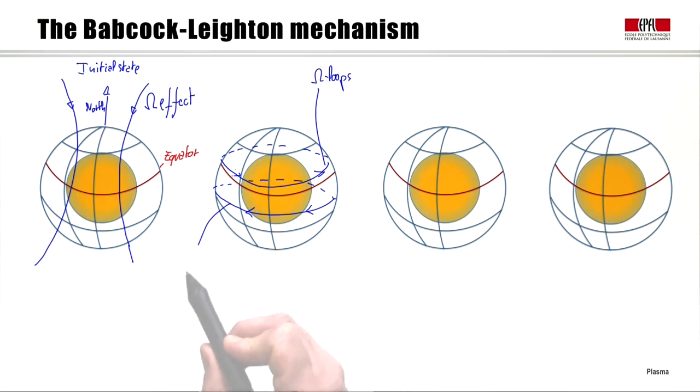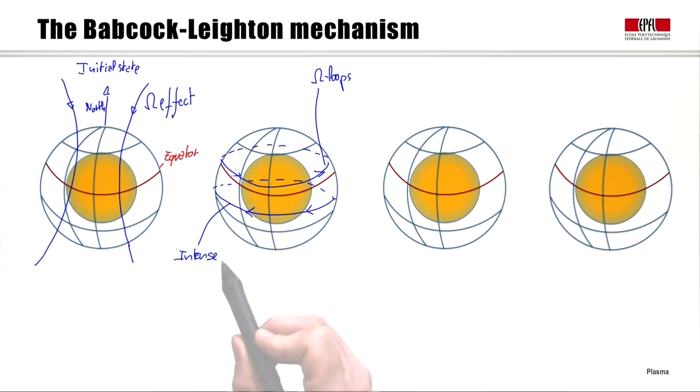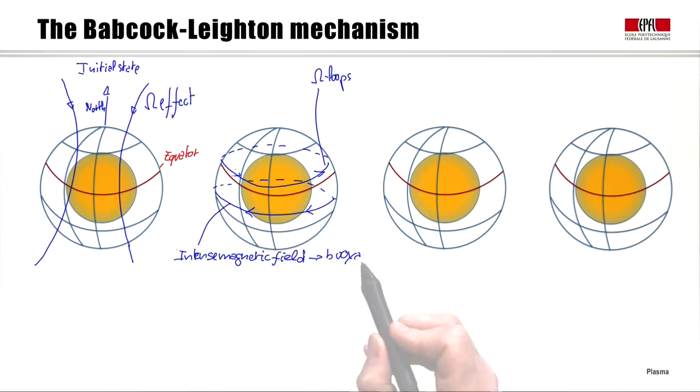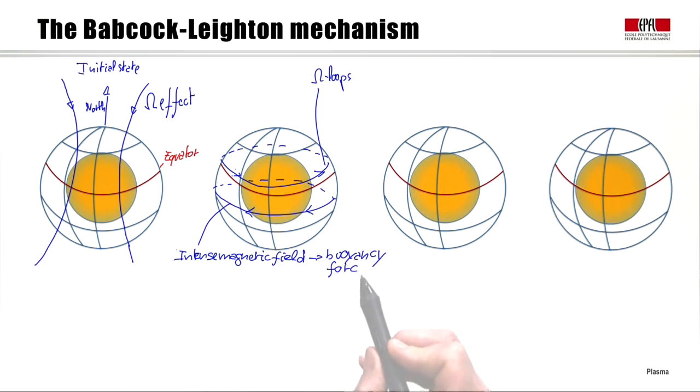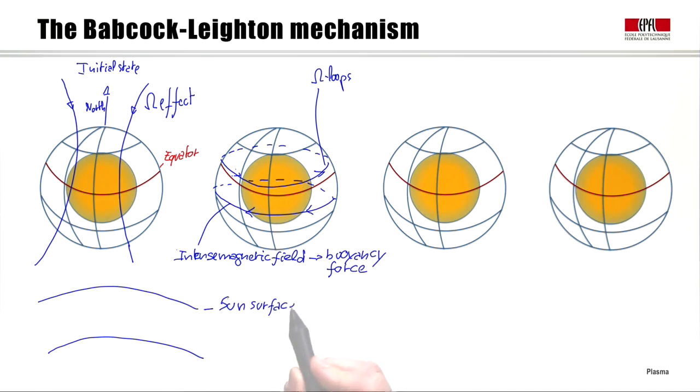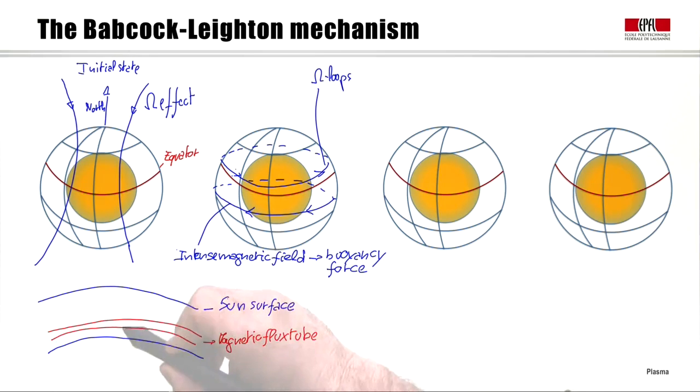As a result of the stretching of the magnetic field lines, intense magnetic fields can be generated. This gives rise to a buoyancy force that we will describe in more detail in the next module. In the region where the magnetic field is particularly intense, the buoyancy force tends to lift the magnetic flux tube through the Sun's surface.